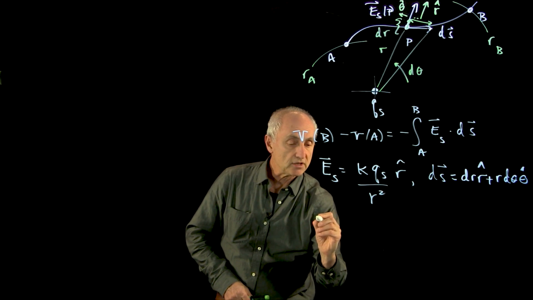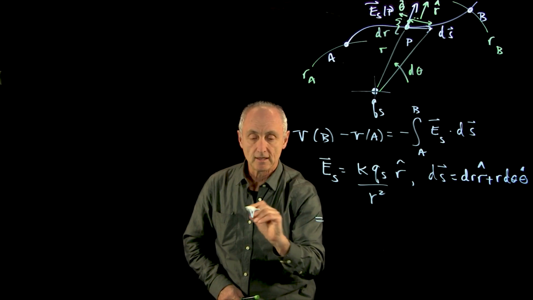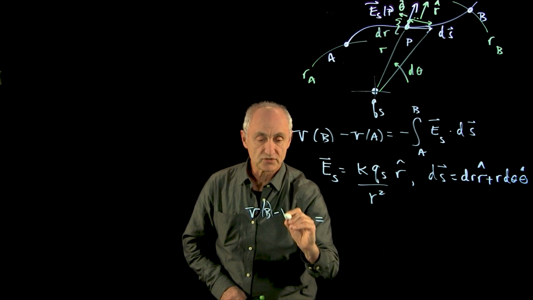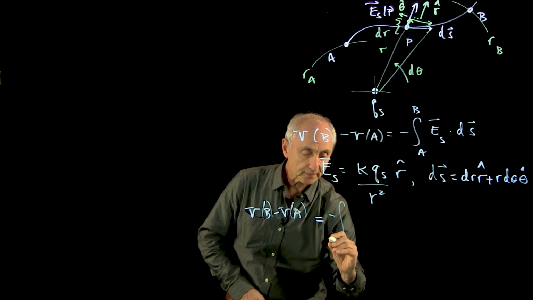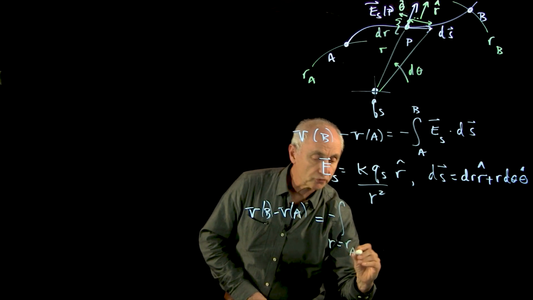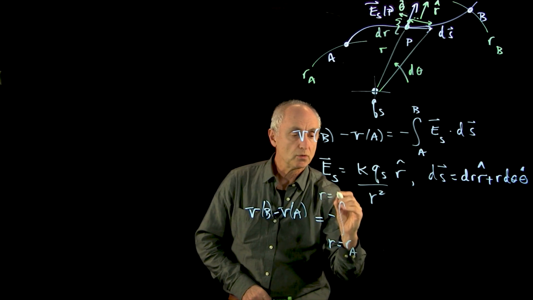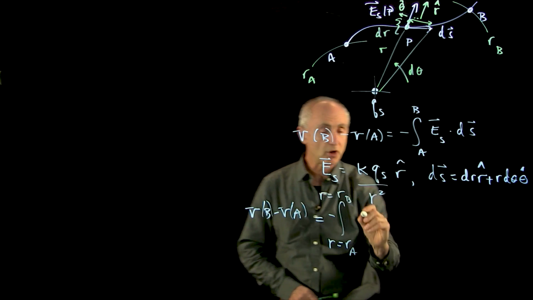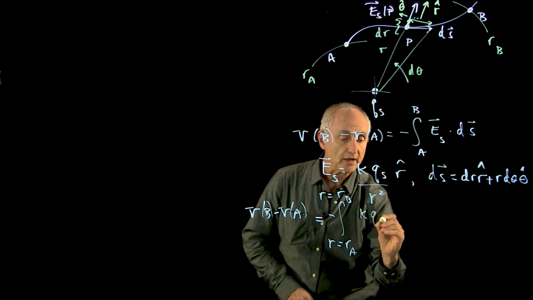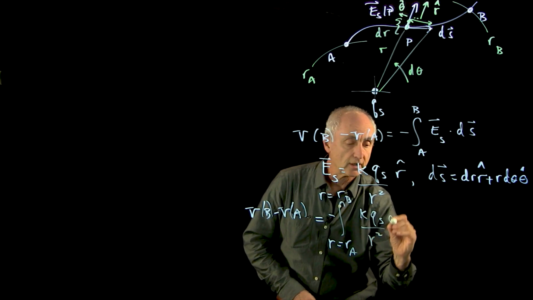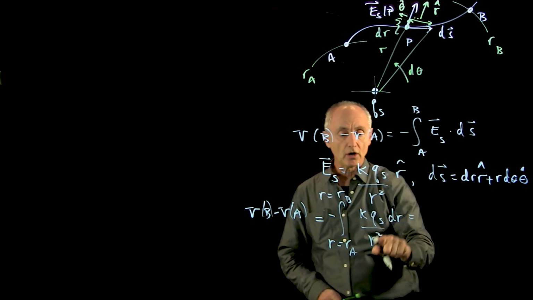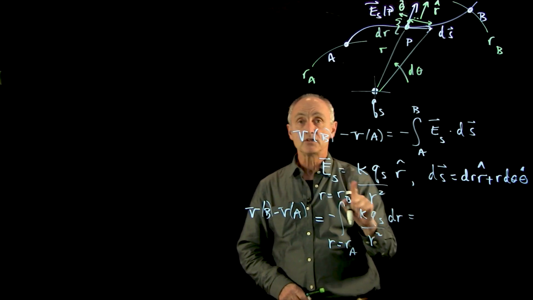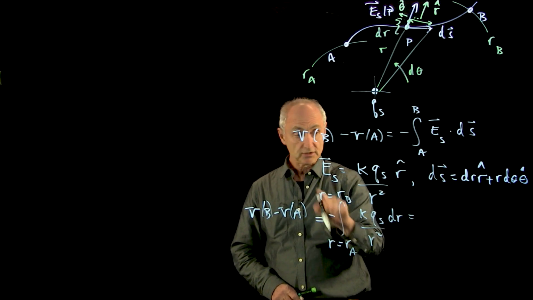And what we get here is that VB minus VA is the integral as our variable r goes from RA to RB. This dot product is KQS over r squared dr. And now this integral of dr over r squared is minus 1 over r, so there's 2 minus signs.